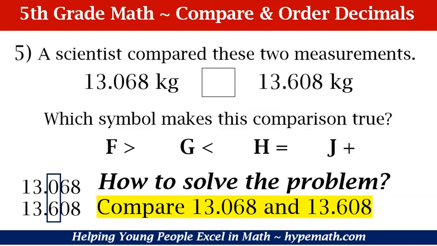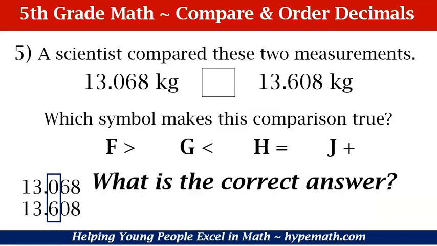And then we said line up the numbers. So we lined up the numbers. We see that the numbers are the same in the tens place. The numbers are the same in the ones place. When we get to the tenths place, we notice that one number has a 0 and one number has a 6. The number that has the 0 is less than the number that has the 6.